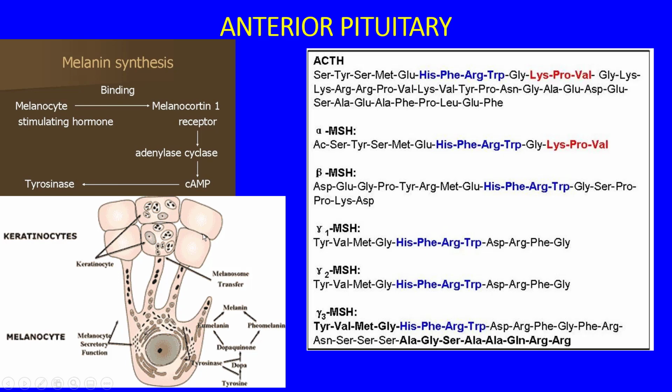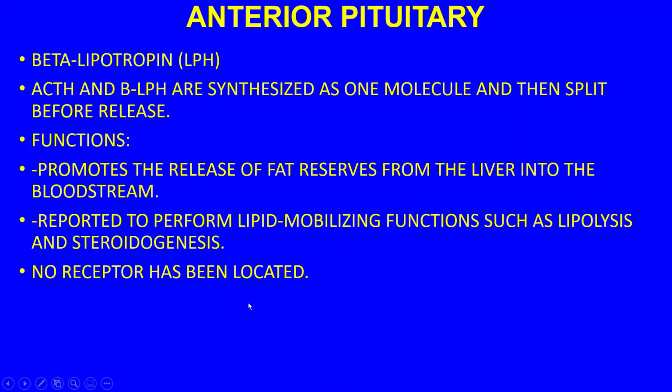You can see the chemical reactions here and what happens. You have tyrosinase that will make basically the dopa, which will then make the dopaquinone, and then you end up making either pheomelanin or eumelanin, which eventually contribute to melanin itself.